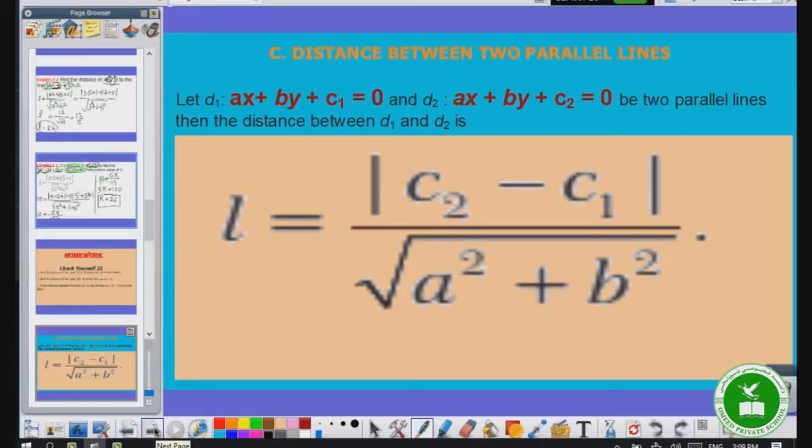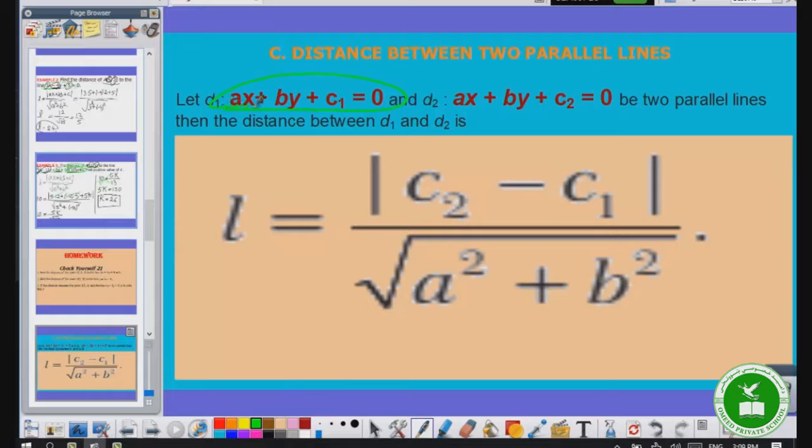And we continue with the distance between two parallel lines. We just completed the distance between one point and a line. Here we discuss the distance between two parallel lines. You see here equations of two lines are given.